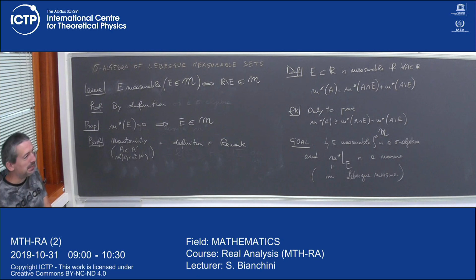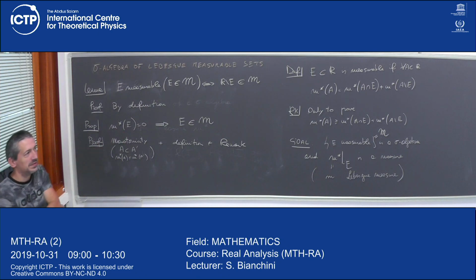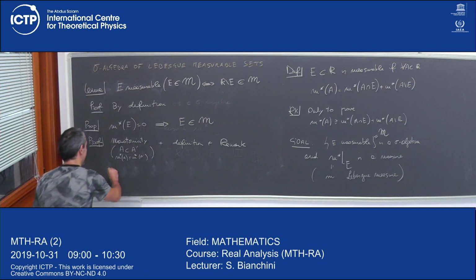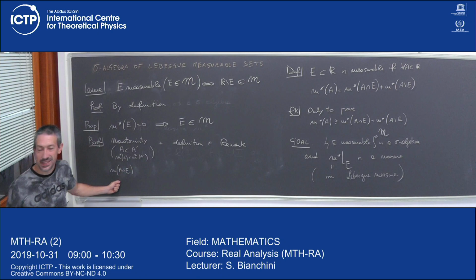So what do they imply? So let's apply monotonicity with the assumptions to the definition. The measure of the intersection of the other one is equal to 0. How much is this one? 0.